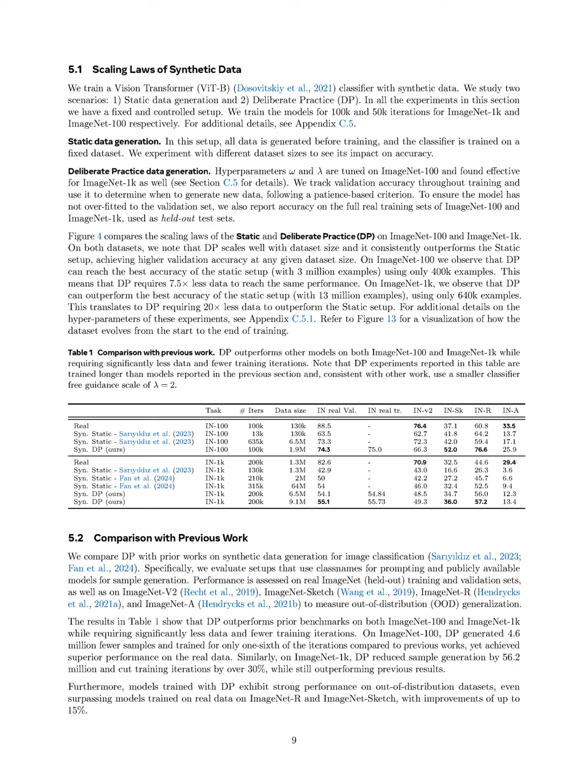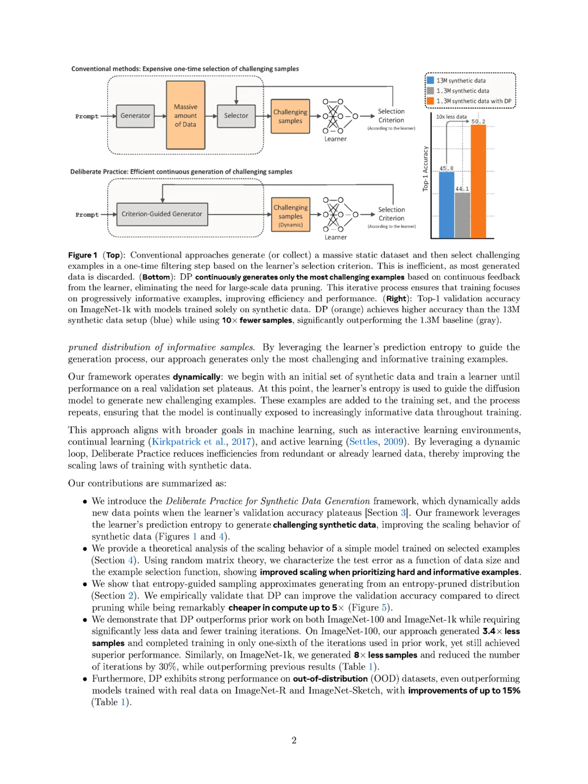Similarly, on ImageNet 1K, DP reduced sample generation by 56.2 million and cut training iterations by over 30%, while outperforming previous results. These results indicate that DP not only enhances the efficiency of data usage, but also accelerates the training process, achieving better accuracy with substantially less computational effort.